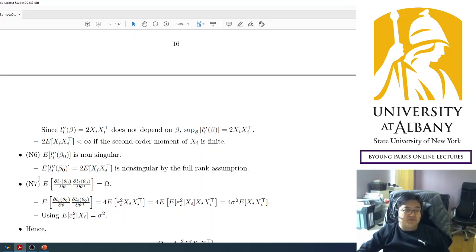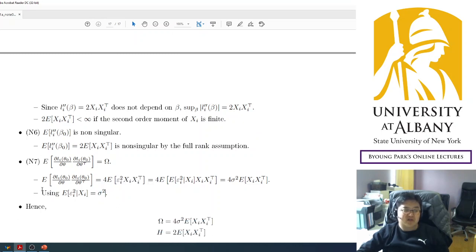And finally, the variance, the Fisher information matrix, needs to be calculated using the derivatives. So you need this homoscedasticity assumption: the conditional variance equals sigma squared.